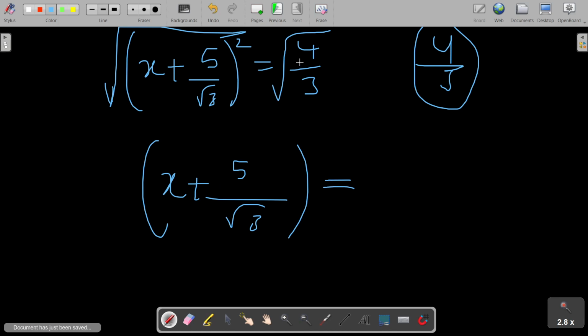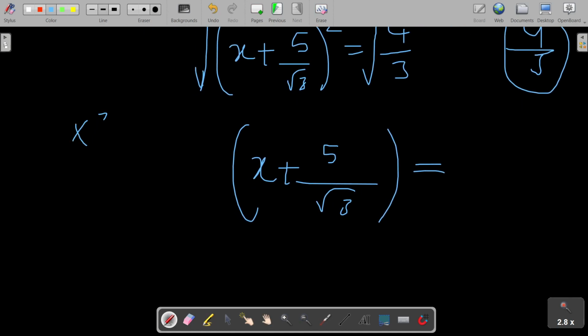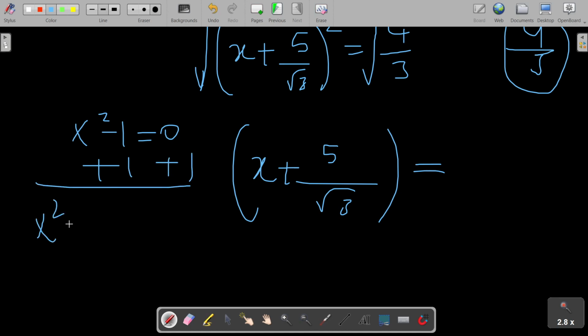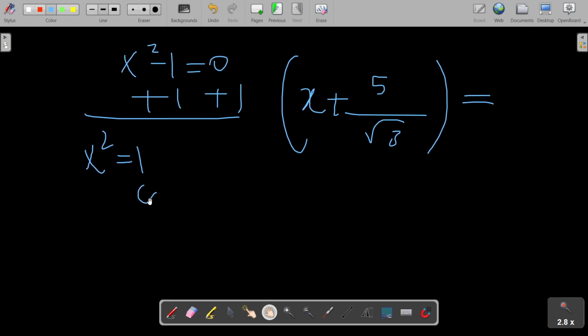And if we take square root on both sides, so let's say if I have x square minus 1 is equal to 0, and I add both sides by 1, so I get x square is equal to 1. What I can do is here also I can take square root on both sides, so this becomes x, this becomes plus or minus square root of 1, and so this is plus or minus 1. So we got x values as plus or minus.